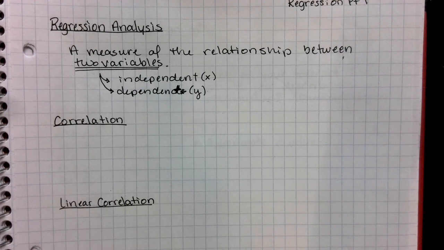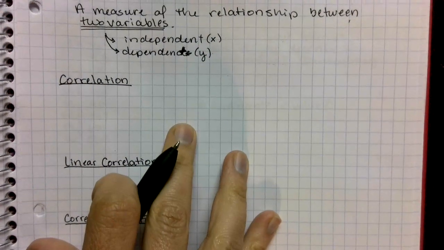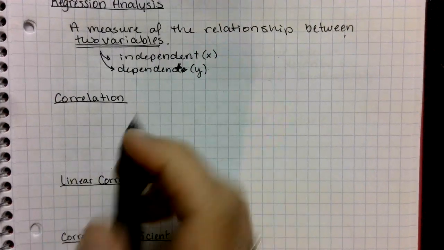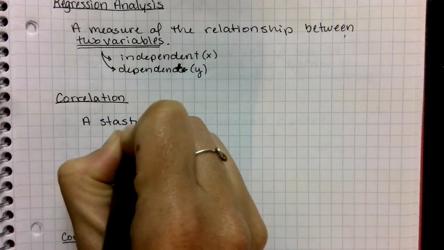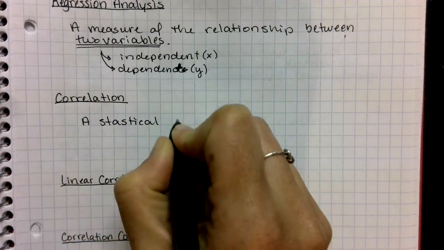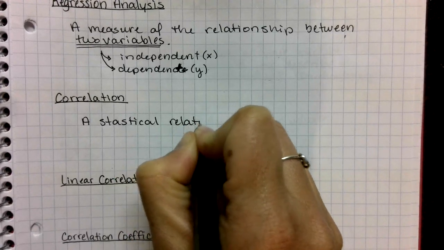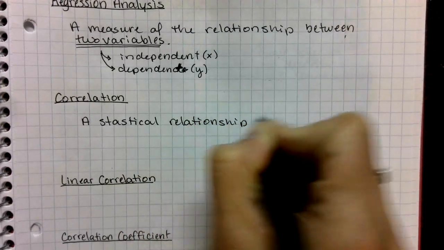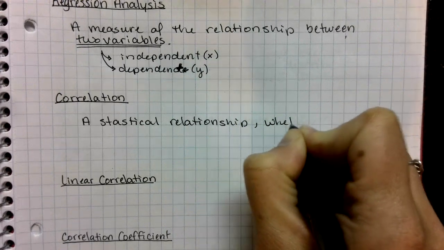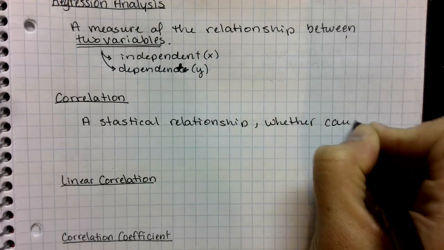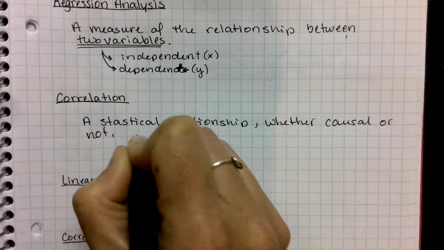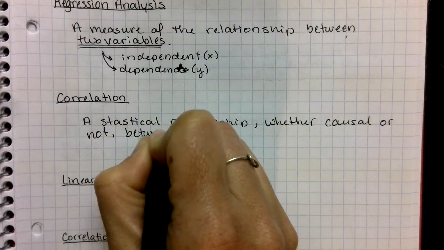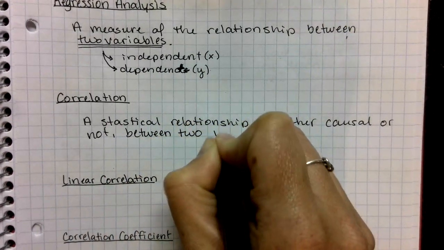So what we're going to be looking at is something called correlation. We're looking for correlation between two variables. So correlation is a statistical relationship, whether causal or not, between two variables.